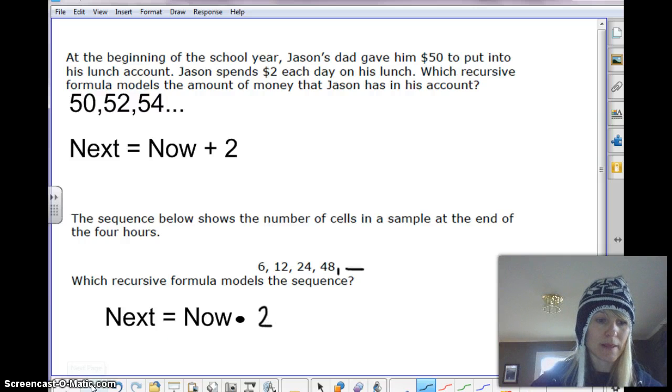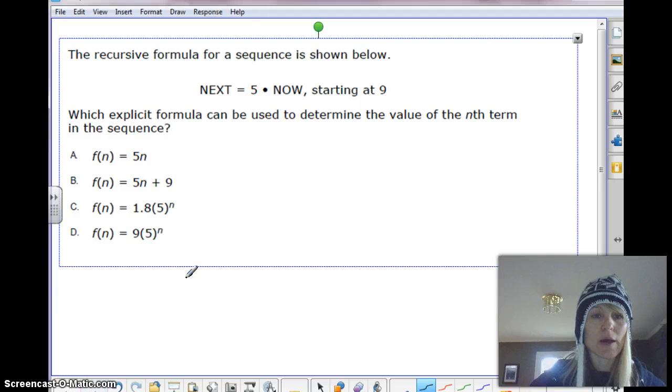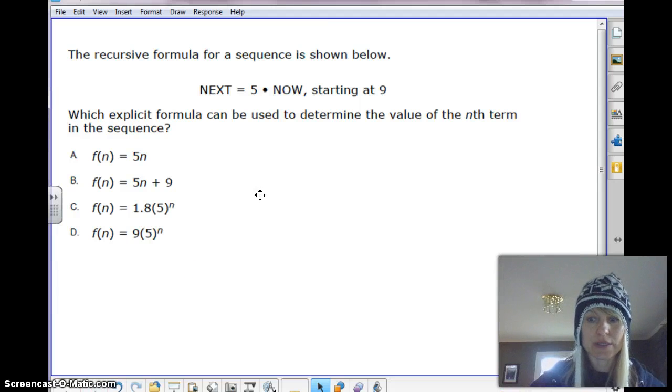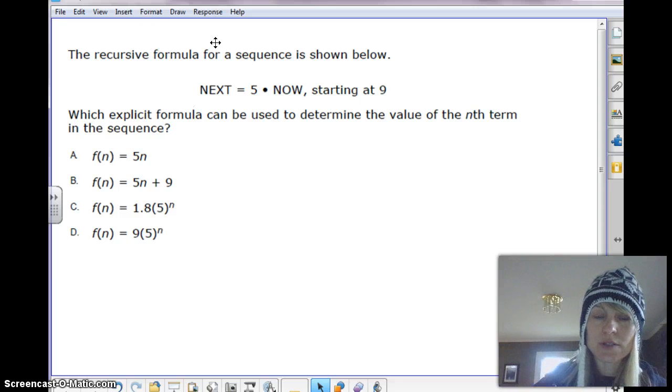I wanted to look at this one because it's a little bit challenging. It says the recursive formula for a sequence is shown below: next equals 5 times the now, starting at 9. Now this wants you to find the explicit formula for that. There's a times, so that tells me it's geometric, right?